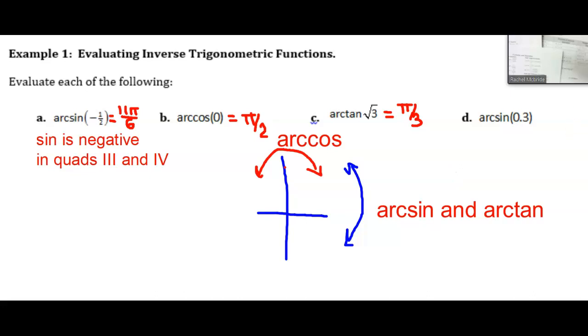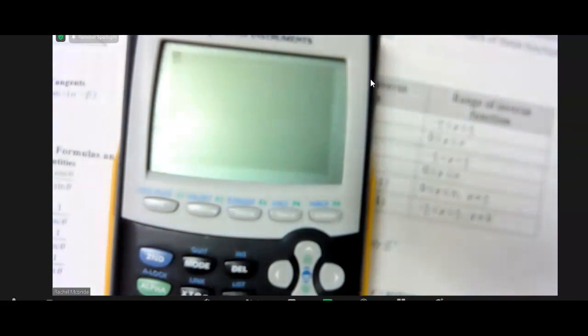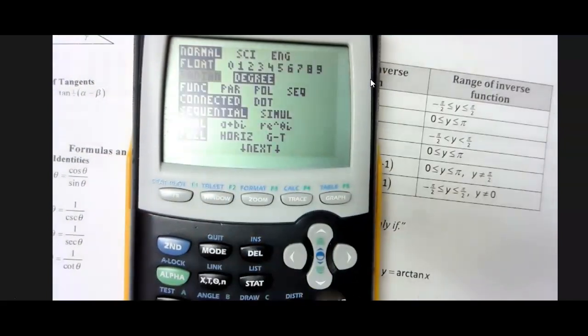And then letter D, arcsine of 0.3. That is not a unit circle value, so that's where you go to your graphing calculator. On your graphing calculator, you want to make sure you're in radians.